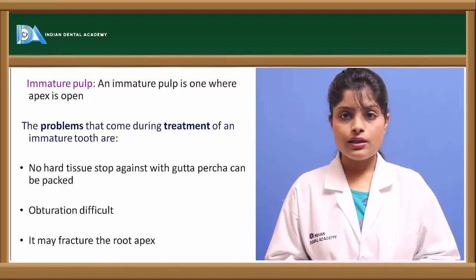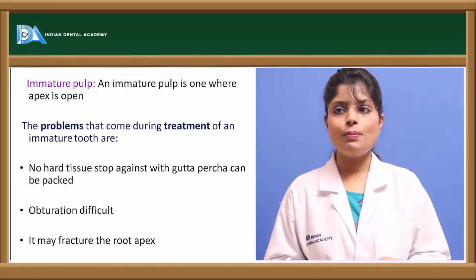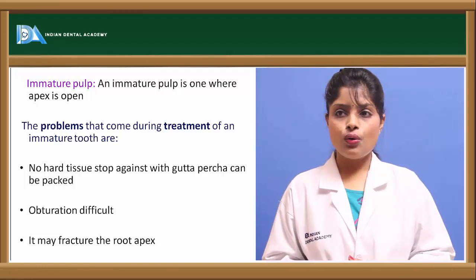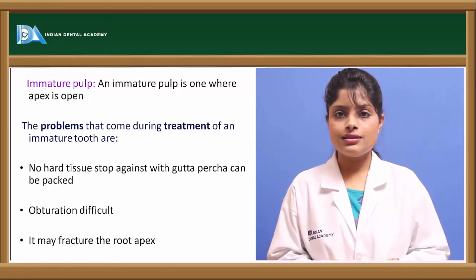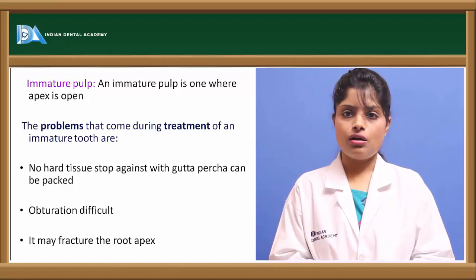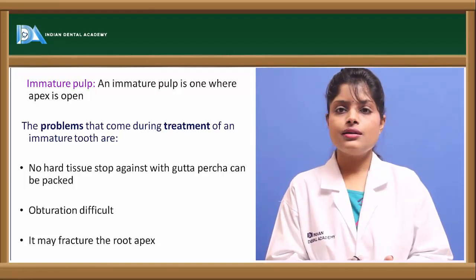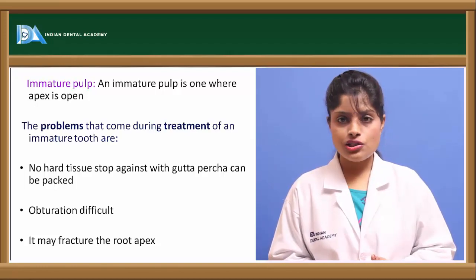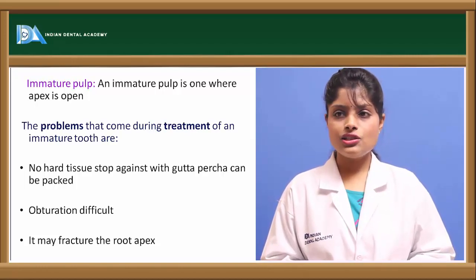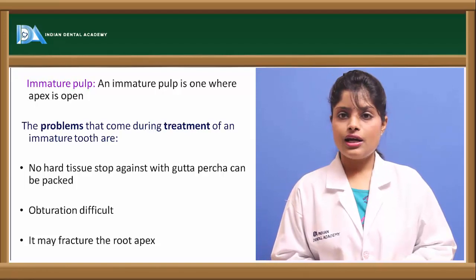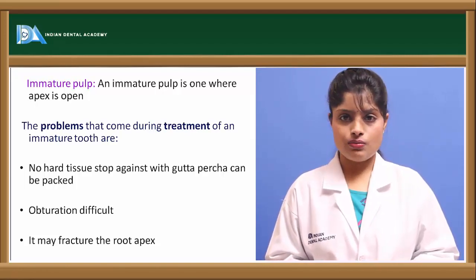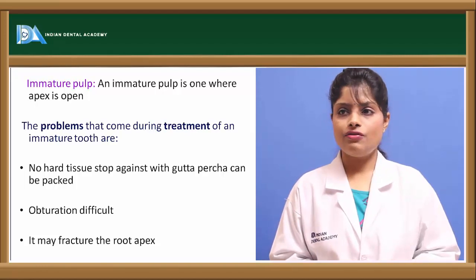This is because there is no hard tissue stop present at the apical region. So it will be difficult to condense the gutta percha points towards the apical portion, and obturation will be very difficult in such cases. There are even chances for the permanent root to fracture because they are very thin and fragile.